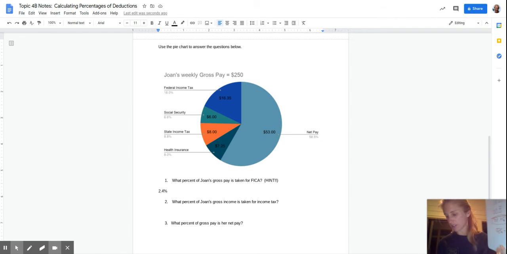So let's put that in our calculator. $24.35 divided by 250. And I get this. I have to move my decimal point over 2 places, and I end up with 9.74%.